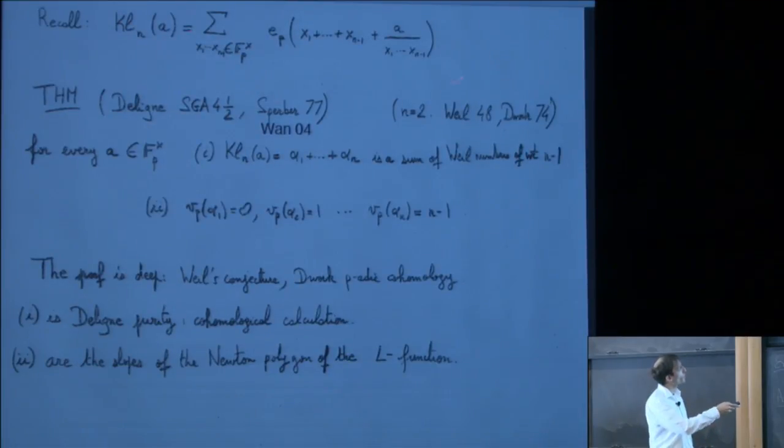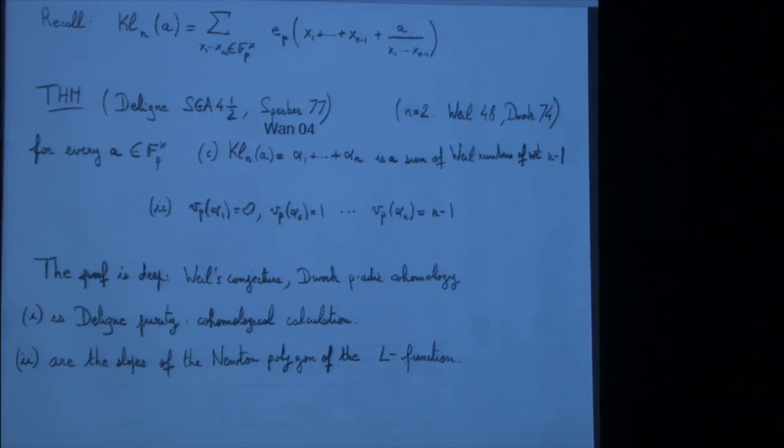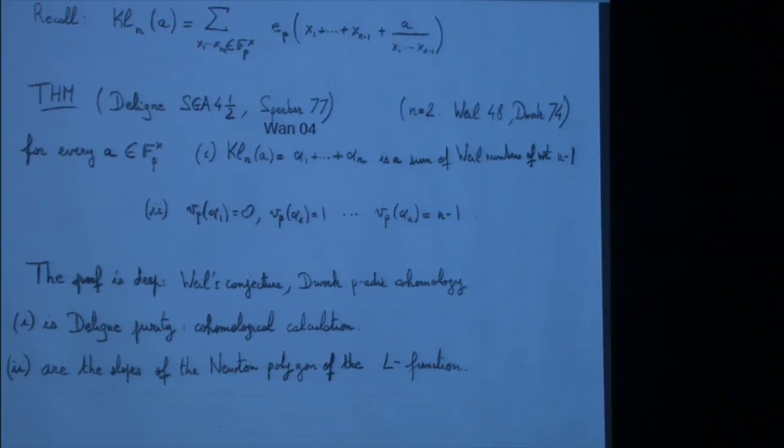But let's come back to this object. It's just a complex number which has a certain size. To make the connection more clear, I need to tell you the exact result and refined properties we know about these sums.